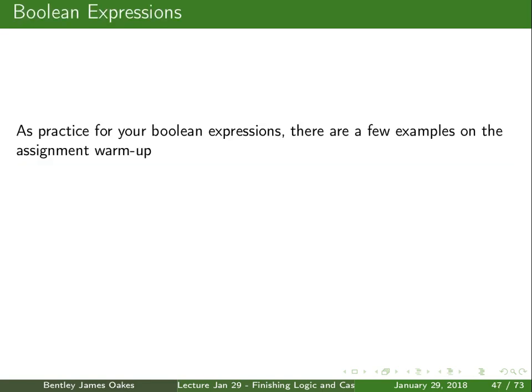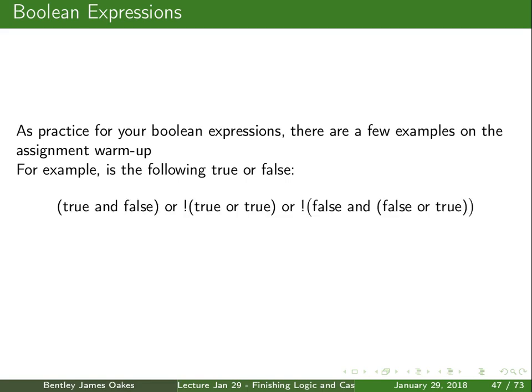So I might only go through one of these, just to give you examples of thinking about ands and ors in practice. There's an example on the assignment warm-up. It's stuff like this, trying to figure out trues and falses, figuring out what that evaluates to. So if I have this whole expression, is that true or false?